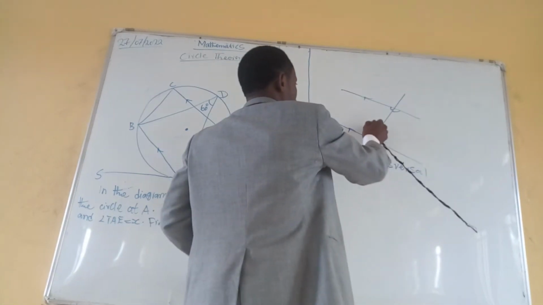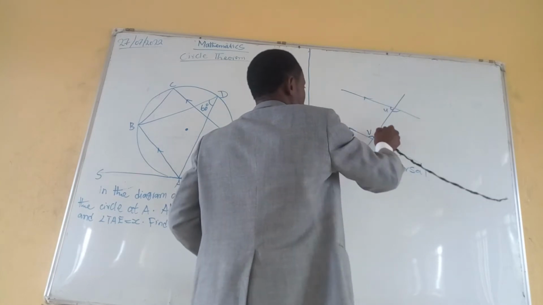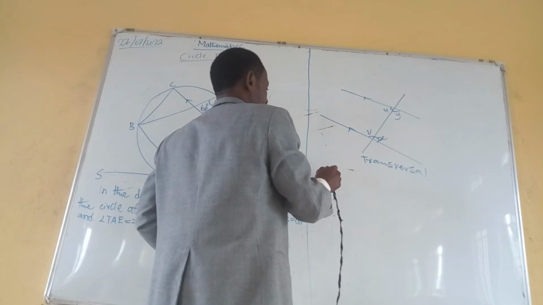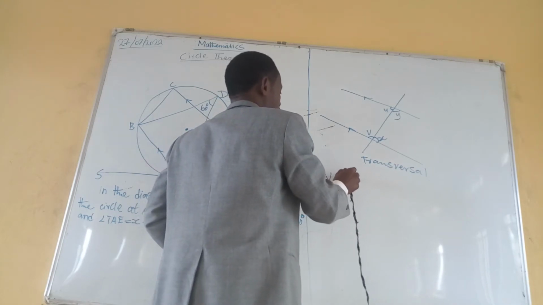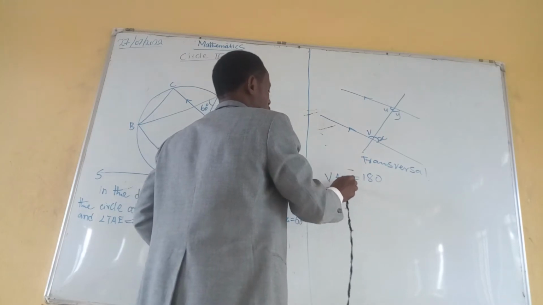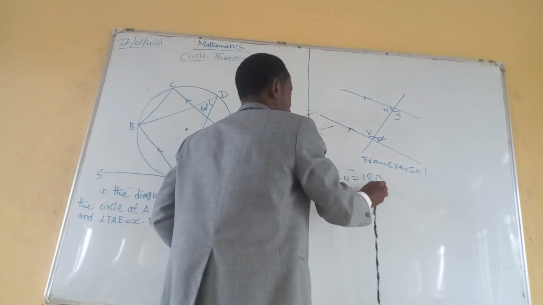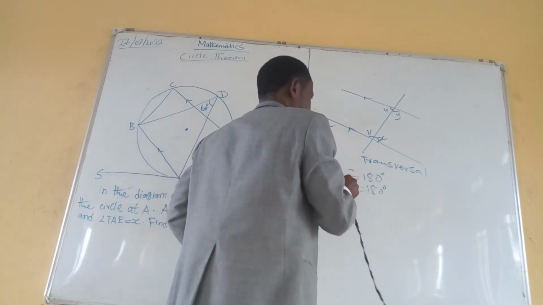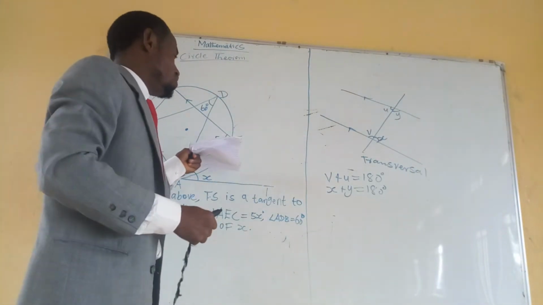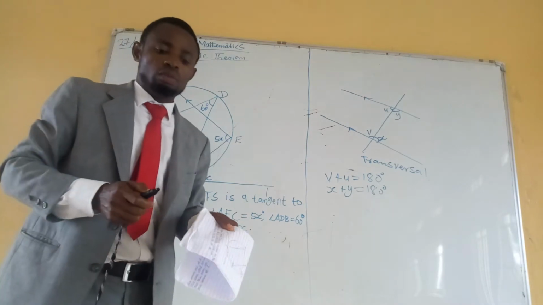Let's call this V and this one U, this X and this Y. The theorem says V plus U equals 180, also X plus Y equals 180 degrees. I believe you understand this, because we are going to make use of it in this problem.